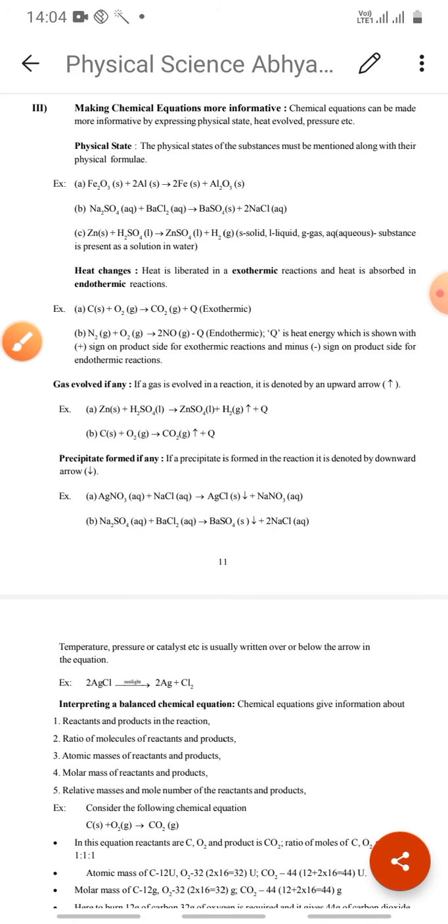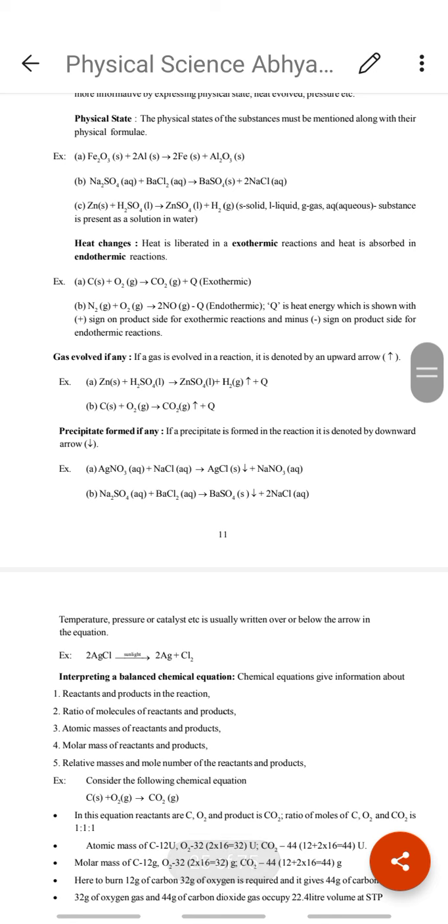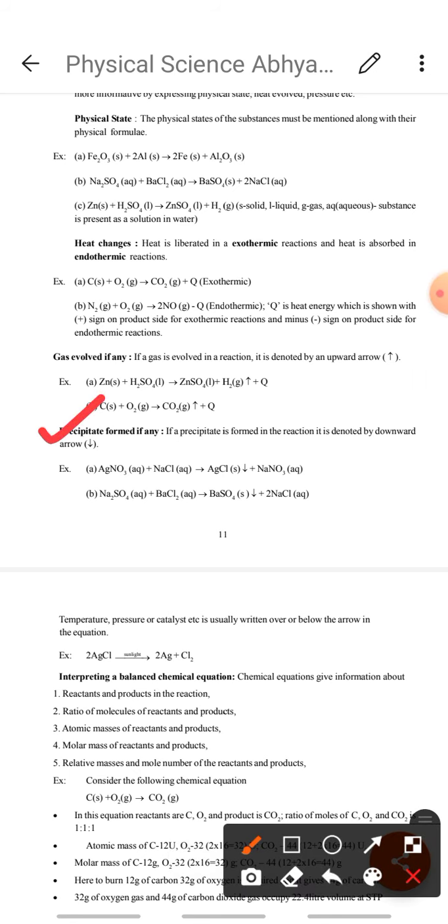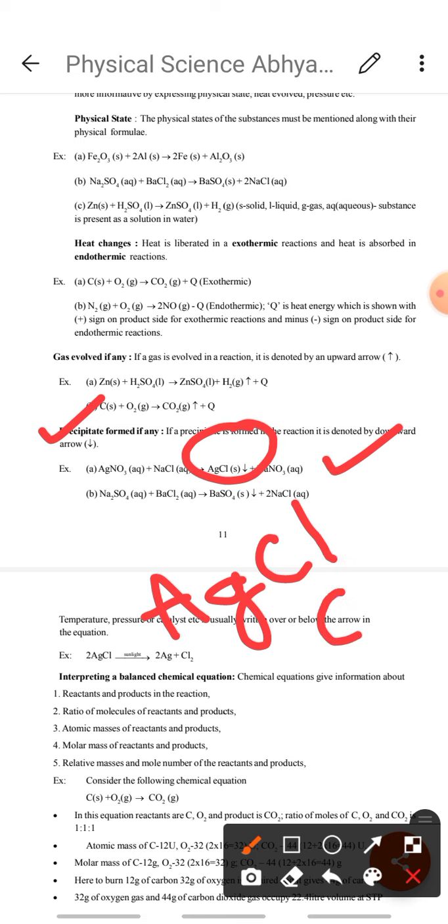Next, precipitate formed. So precipitate formed in equation 1, silver nitrate plus sodium chloride gives silver chloride and sodium nitrate. In this, silver chloride appears as a solid substance. An insoluble solid formed in the solution is called precipitate.